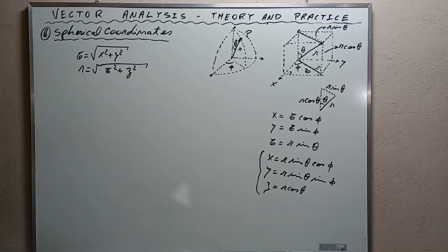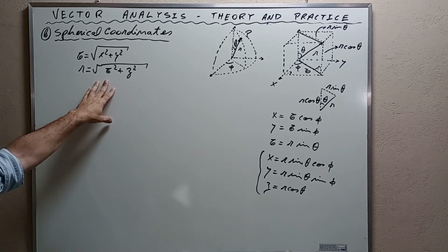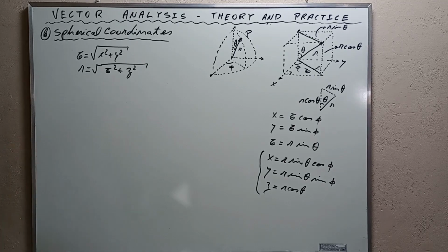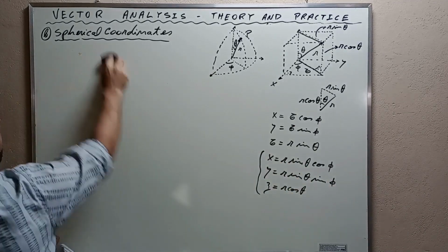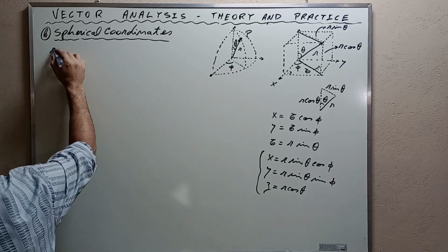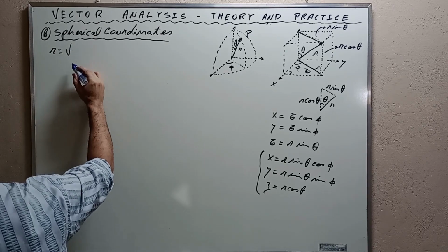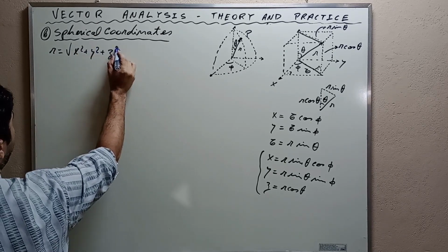Okay? If we bundle them together, we find that r is equal to the square root of x squared plus y squared plus z squared.